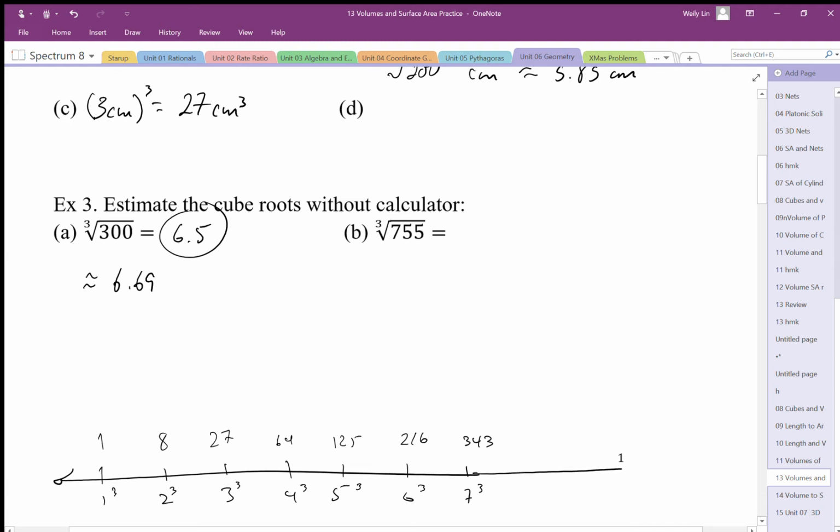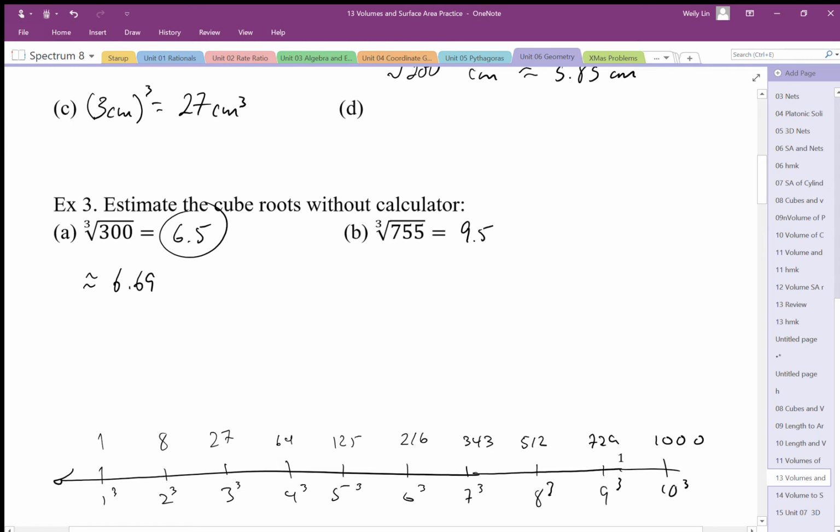This one is probably a little bit bigger than what I would expect you to do without a calculator, but let's work out 8 cubed here. 8 cubed is 512, 9 cubed is 729, and 10 cubed is 1000. So we know that the cube root of 755 is going to be somewhere between 9 and 10. We're going to estimate about 9.5.